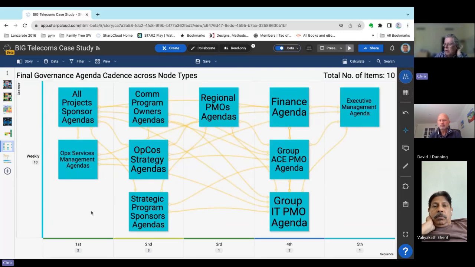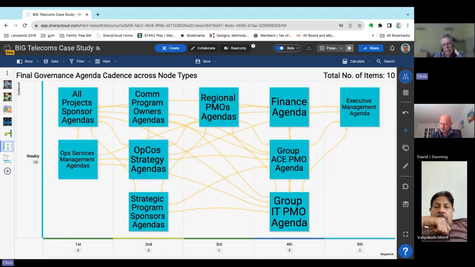Okay, and I think just one of the things that we see in implementing governance is the cycle of reporting and the cadence across the various levels in the organization, the various units and accountability nodes within the organization.